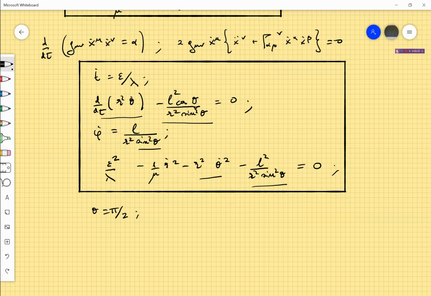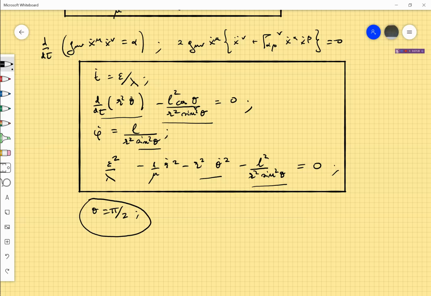Because if this is just a particular solution, it's okay, but then the resultant equations cannot be used to study all the possible situations and all the possible solutions. Then we have to justify why we can do this, if this is general, or we are missing something by setting theta equal to pi over 2.